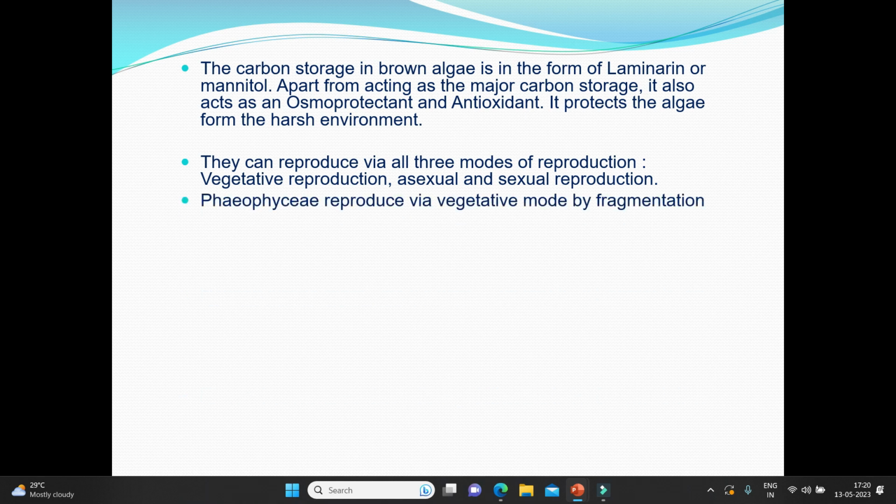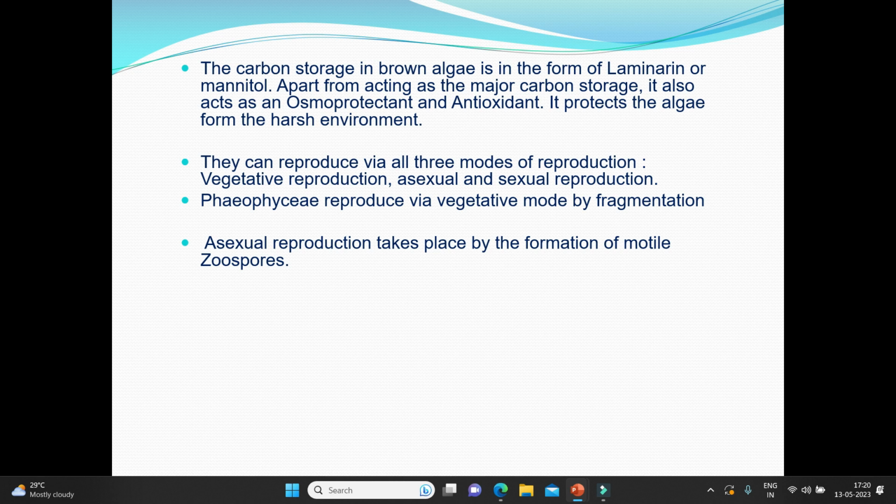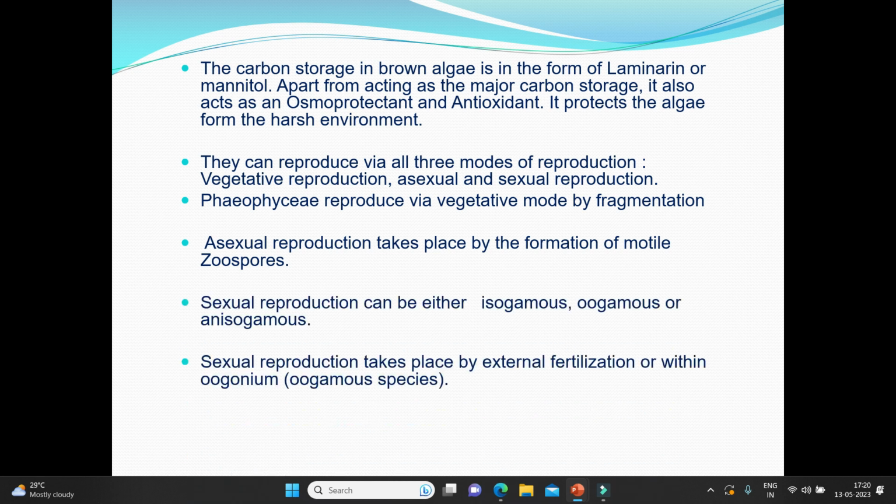Apart from acting as a major carbon storage, it also acts as an osmoprotectant, which means the solutes which protect the cell under extreme osmotic stress by balancing the osmotic pressure. And they can reproduce via all three modes of reproduction: vegetative, asexual and sexual. The pear-shaped gametes have two laterally attached flagella.